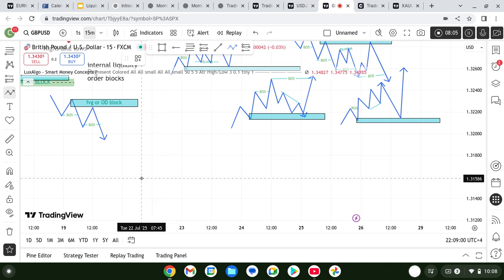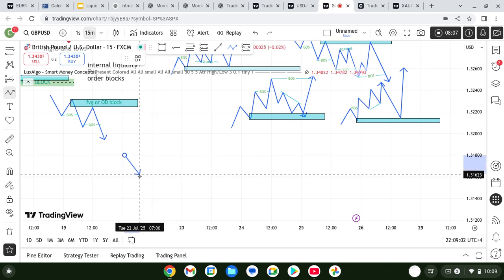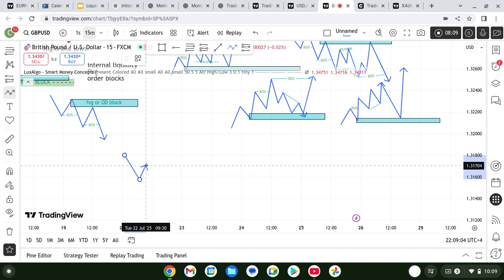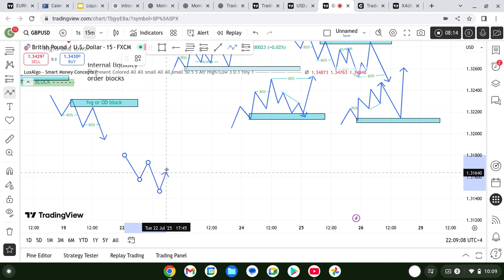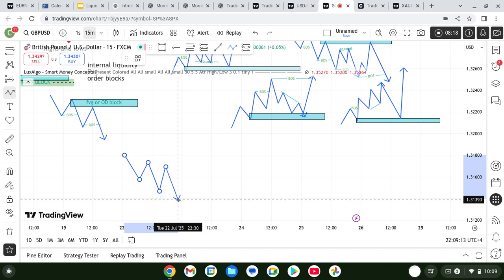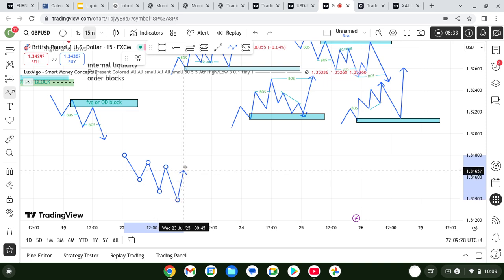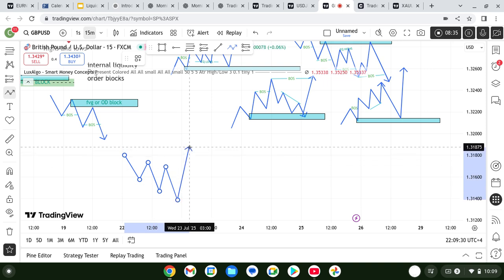Let's say the market was making lower lows, higher lows, lower lows, higher low, lower lows. Now instead of making another lower low, it caused the break of structure.